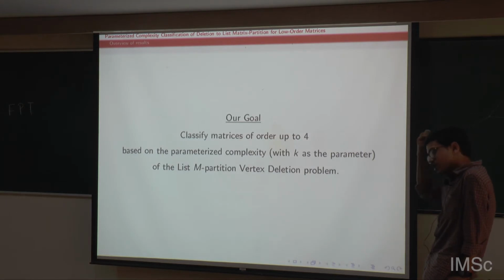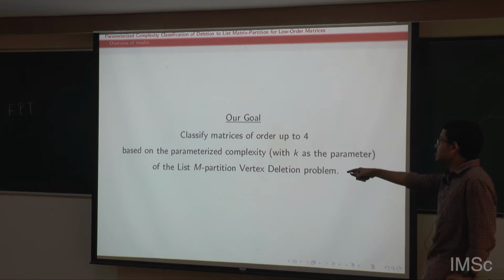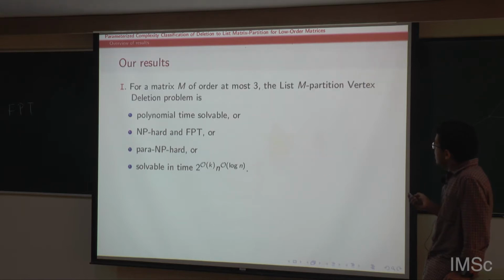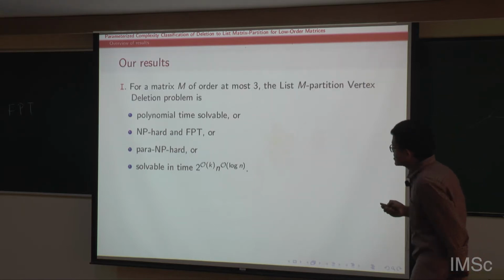So what is our goal? Our goal is to look at all small matrices of order up to 4, and look at the complexity of the corresponding M partition vertex deletion problem. And our parameter is going to be k, the solution size. So these are our results.